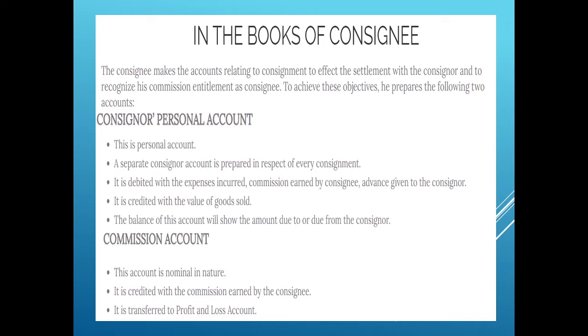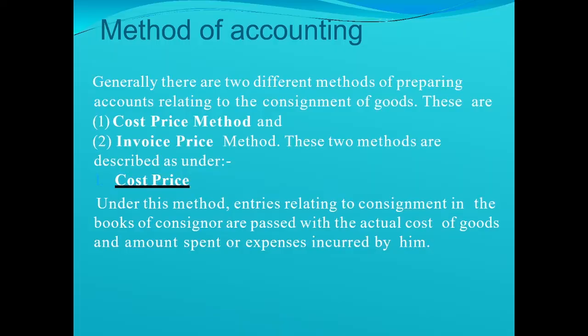A separate consignor account is opened in respect of every consignment, and it is debited with expenses incurred by the consignee and advance given to the consignor, and credited with the value of goods sold, and the balance shows the amount due to or due from the consignor. And the commission account is a nominal account, credited with commission earned by the consignee. This commission is transferred to the profit and loss account.